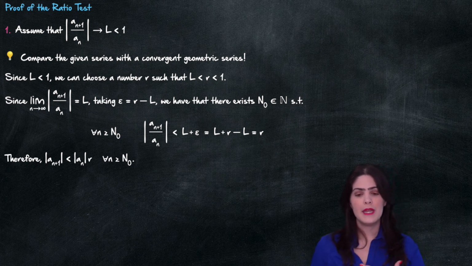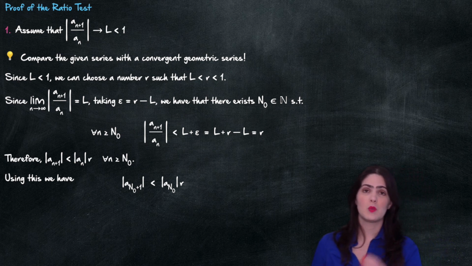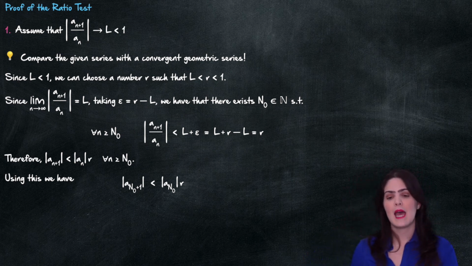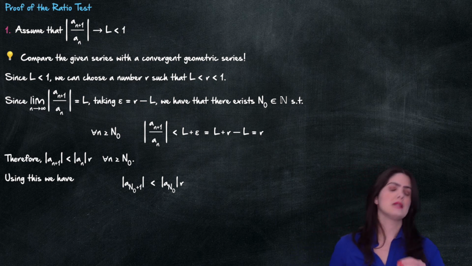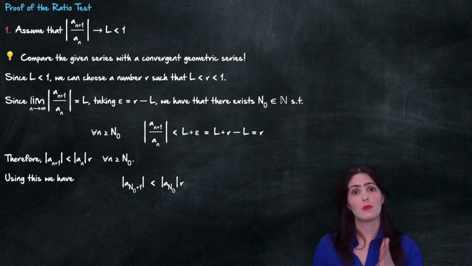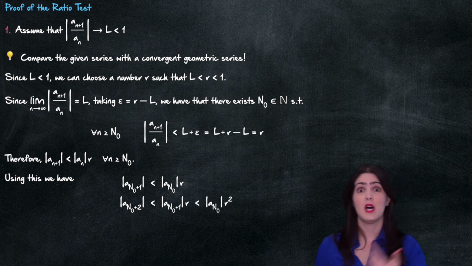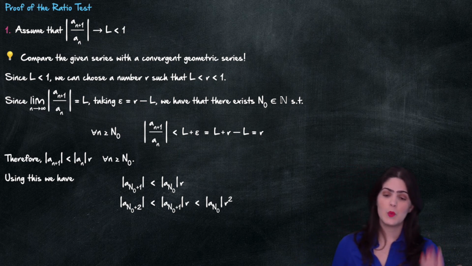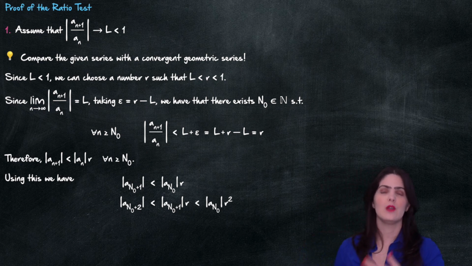So for n equals n naught, I have that the absolute value of a_{n naught+1} is less than the absolute value of a_{n naught} times r. But now I'm going to look at, well, what is the absolute value of a_{n naught+2}? Well, this is less than the absolute value of a_{n naught+1} times r. But a_{n naught+1} was less than a_{n naught}, well, in absolute value times r.